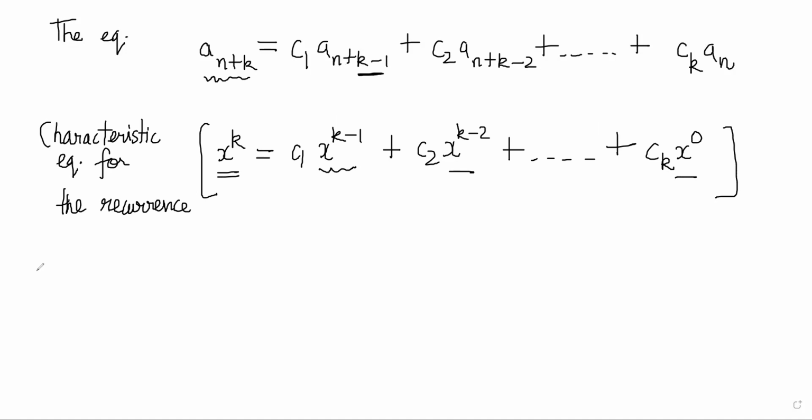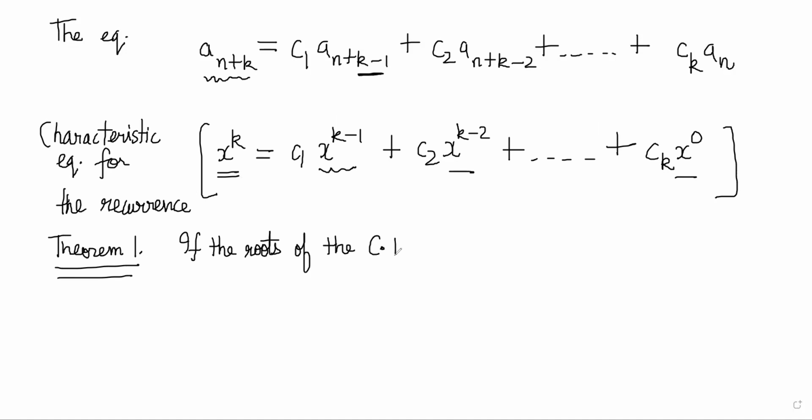So the first theorem that we look at says that if the roots of the characteristic equation are lambda 1, lambda 2 till lambda k.